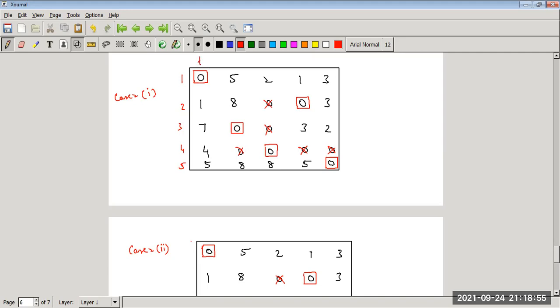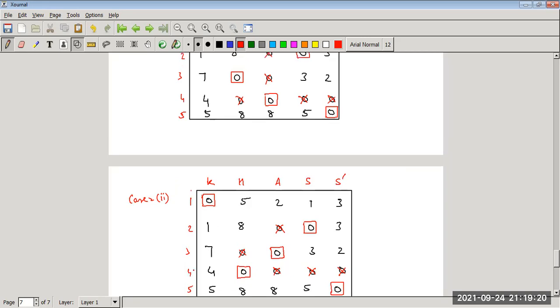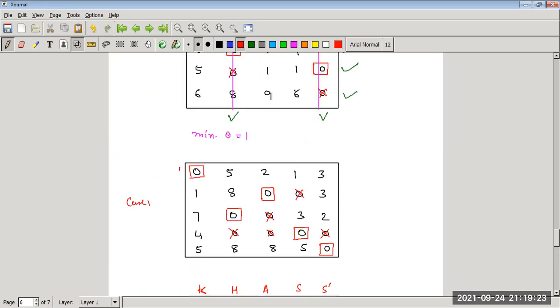This is Komal, I can write K, Himanshu H, Aditi A, this is Shivani, and this is dummy, so I can put S dash dummy, right? This is K, H, A, S, S dash, and this is 1, 2, 3, 4, 5. Now again 1, 2, 3, 4, 5 and K, H, A, S, S dash.